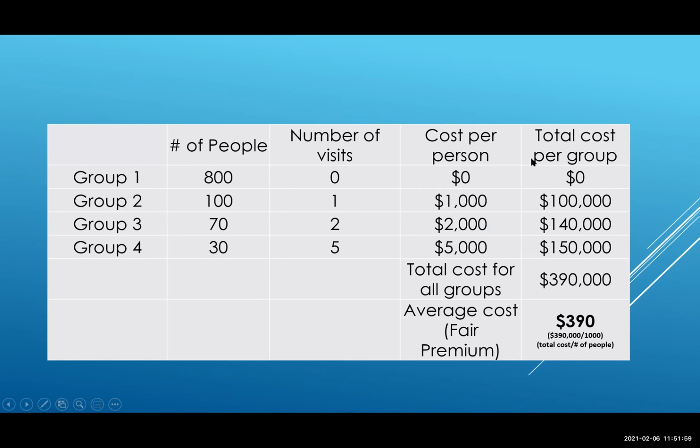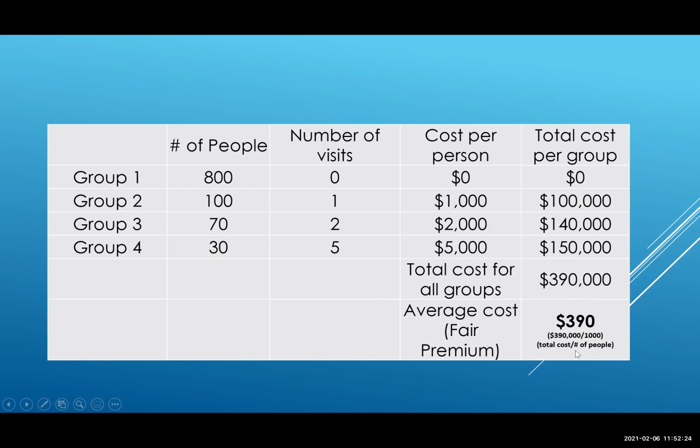So the total cost for this group is $390,000, right? Because you add it up for each person, and then you divide it by the number of people.